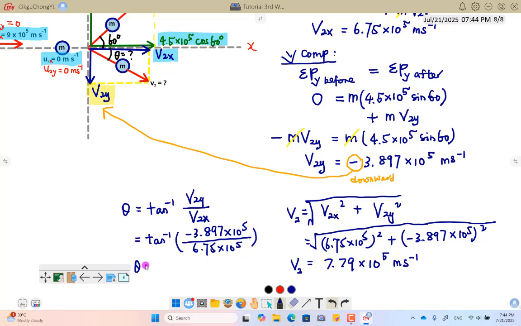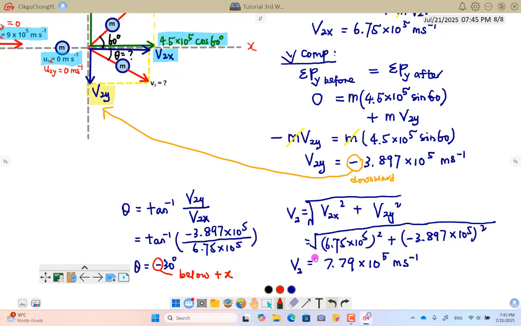So I'll get the angle to be negative 30 degrees. No worries with the negative; it tells us that the angle is below horizontal, below the positive x.